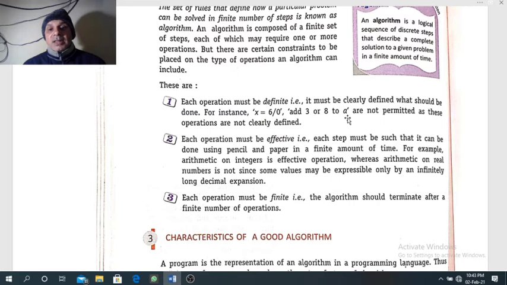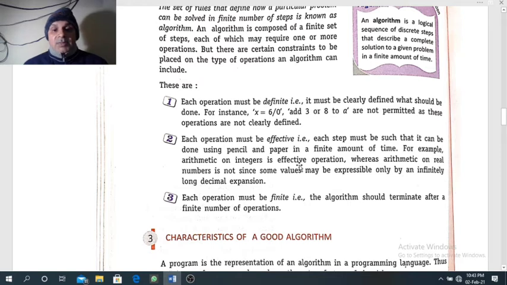If we tell the computer to add 3 or 8 to the variable a, the computer does not have a clear instruction whether to add 3 or 8. To write an algorithm, we should specifically tell the computer whether to add 3 or 8. Only one value is required. No option is given.